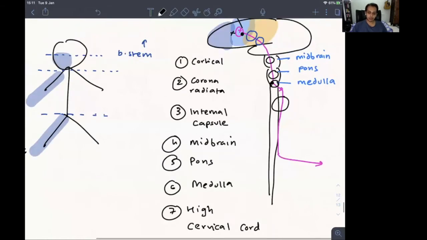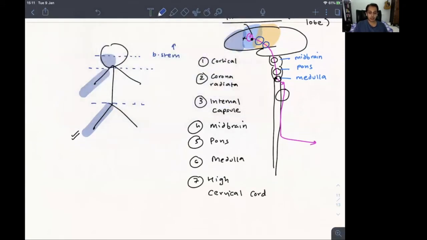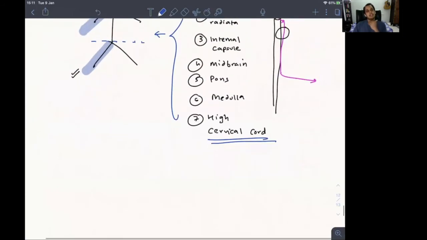Okay. So these are all the areas in which there could be a lesion that will lead to hemiparesis. Because anything lower than the cervical cord will spare the arms, that is, it will spare the upper limb, and it will only involve the trunk and the lower limb. So that would not make it a hemiparesis.